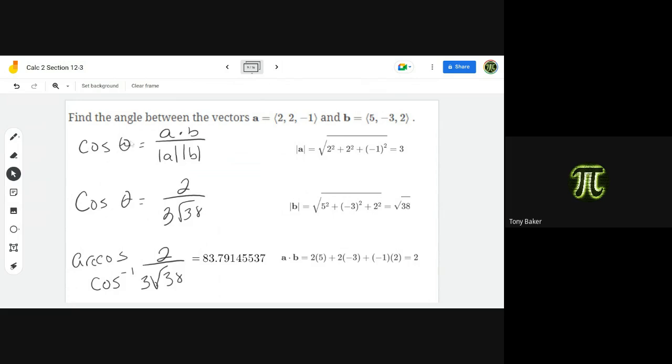What would cosine of 90 be? What's cosine of 90 degrees? 0. So that means this over here has to be 0, correct? So if cosine of theta is 0, this has to be 0. So does the bottom matter? The bottom can't be 0, right? The bottom doesn't matter. The only thing that matters is that top piece.